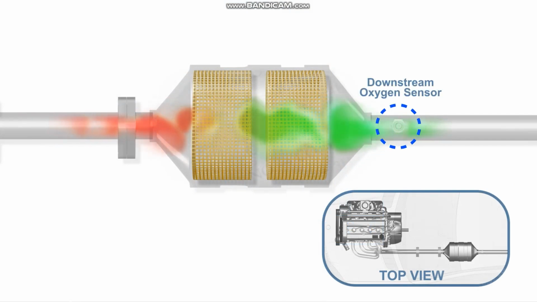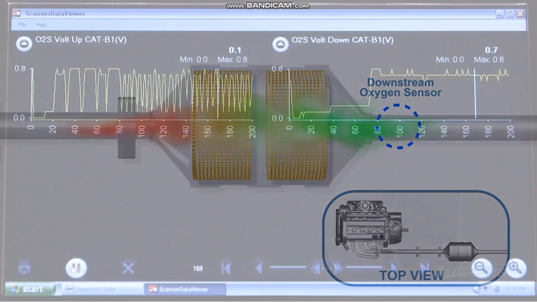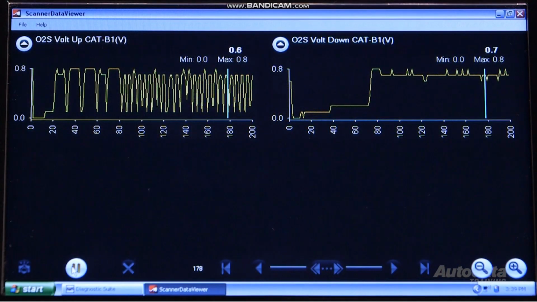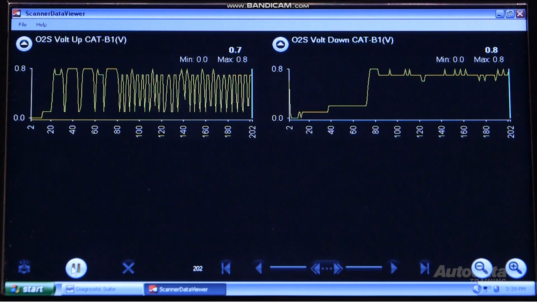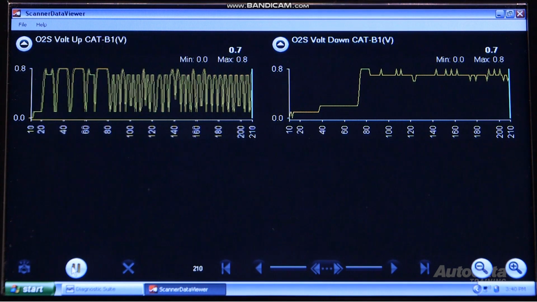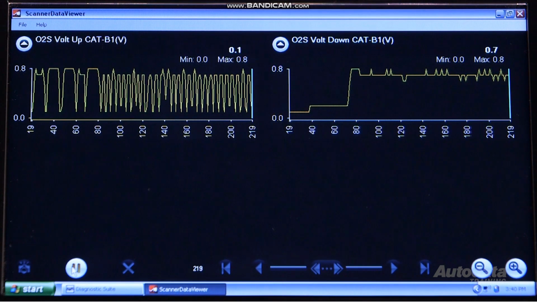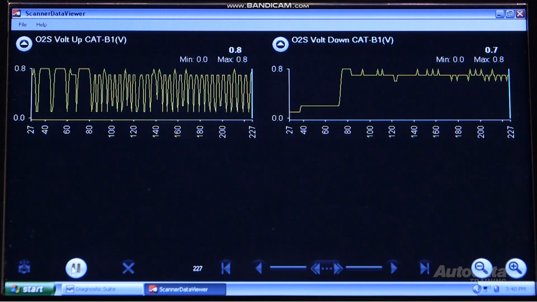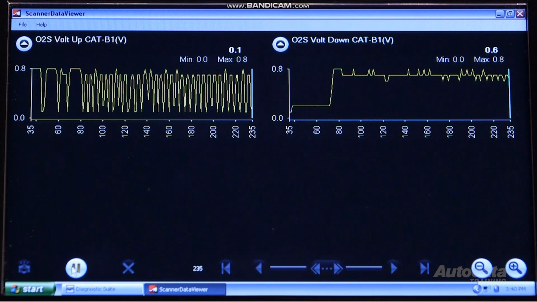This is done to see if the catalytic converter is functioning correctly. For this monitor to complete, the engine needs to be at operating temperature, driven at a specific speed and load for a given period of time. Failure to perform the correct drive cycle will mean that any code you have cleared will not reset. Next thing you know, the customer is back with the same issue.